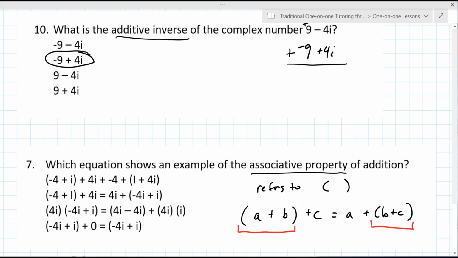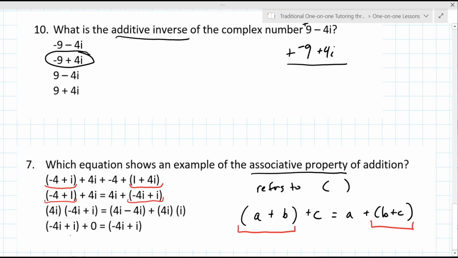For example, see how the parentheses in this first problem is around the first 2 and then the last 2. Second one though also is the same way. So we'll come back to that.